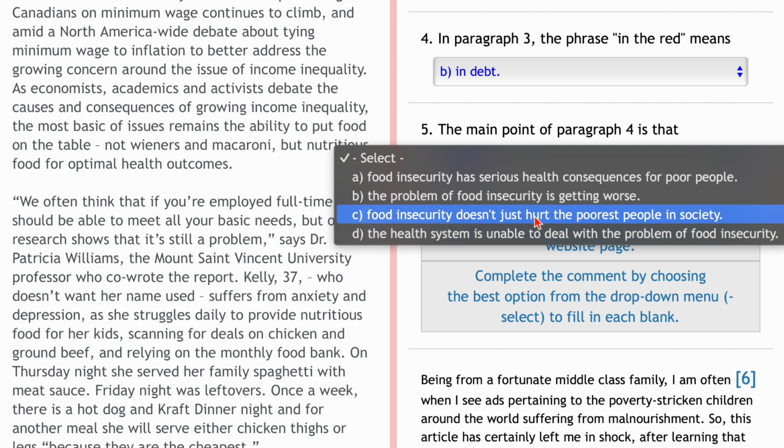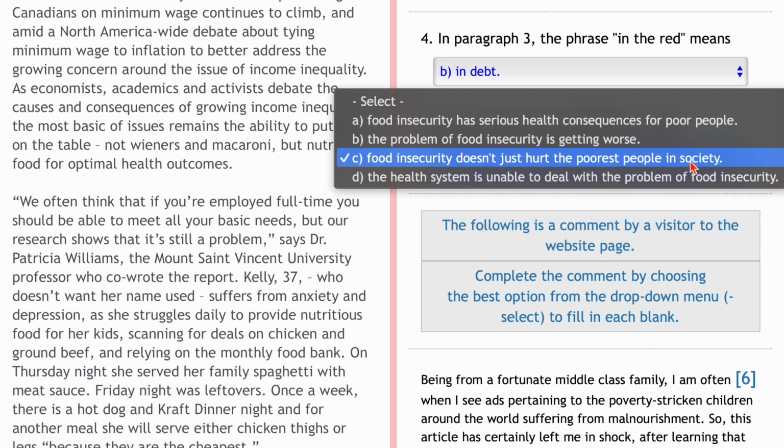So, food insecurity doesn't just hurt the poorest people in society. Food insecurity has serious health consequences for poor people. Hmm. Very difficult, these two, but I think the answer should be C. Now, why? It didn't really talk about poor people.